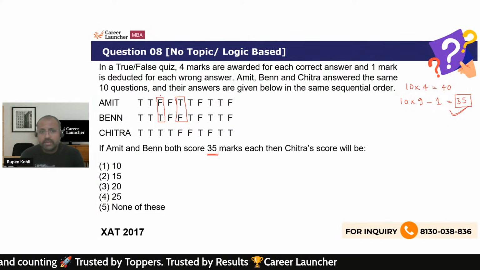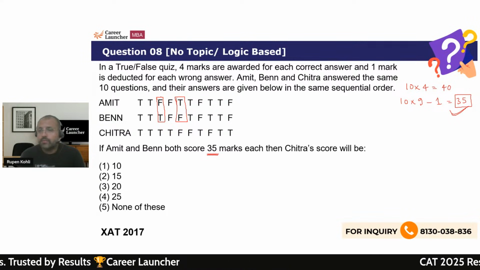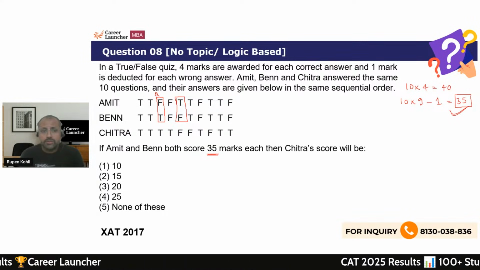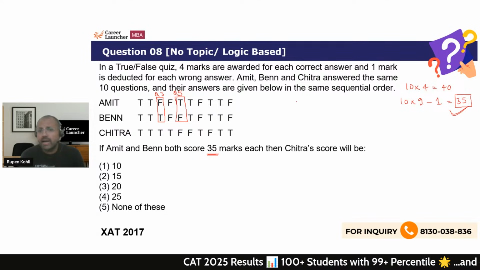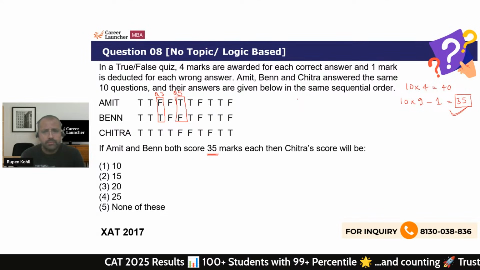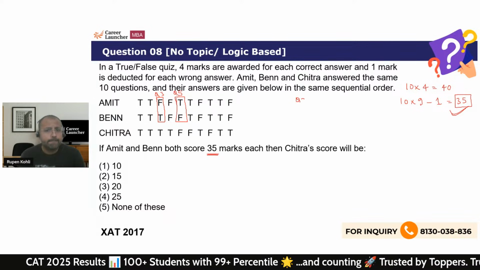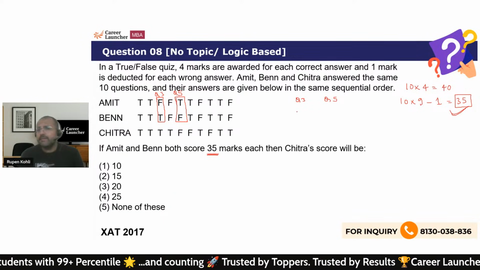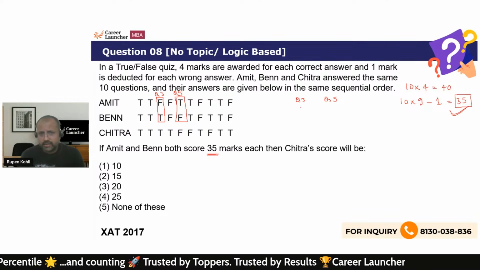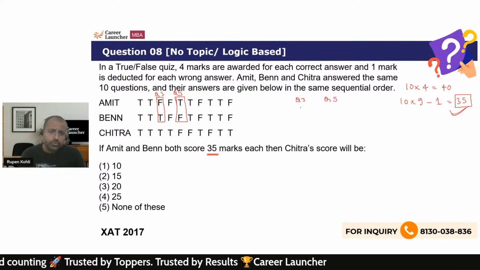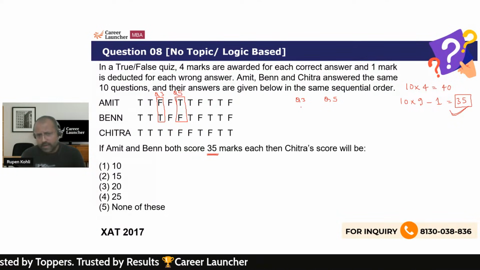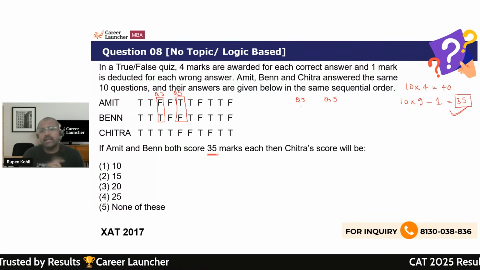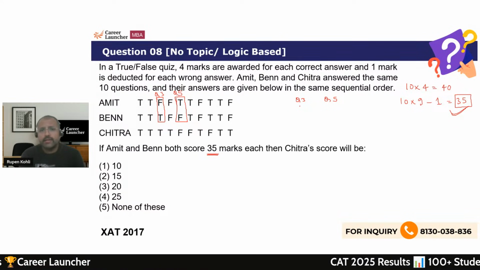Now, what about these two? What is the correct answer key for question number 3 and question number 5? I don't know. I really don't know. Why? Because whatever might be the correct answer key, one of them has answered correctly, the other has answered wrongly.